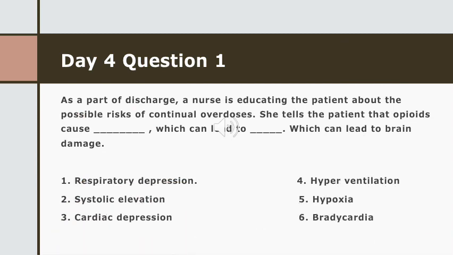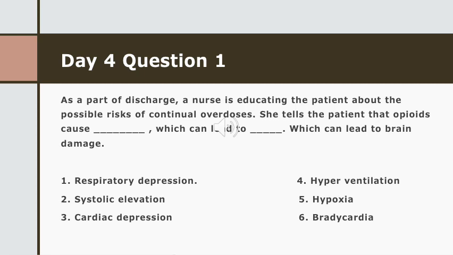Day 4, question 1. As a part of discharge, a nurse is educating the patient about the possible risks of continual overdoses. She tells the patient that opioids cause 1. Respiratory depression, 2. Systolic elevation, and 3. Cardiac depression, which can lead to 1. Hyperventilation, 2.